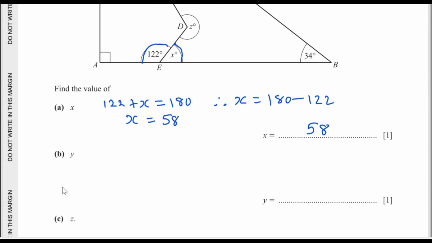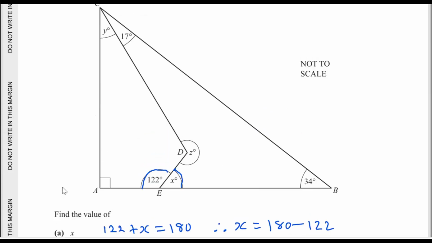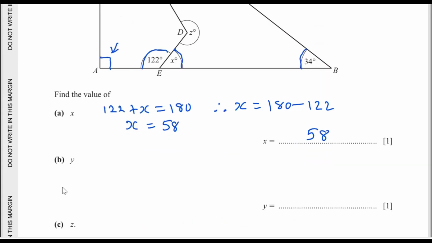And the next is we want to find the value of y. If you look at this diagram again, you will see that for us to get the value of y, if I add up everything here, plus this 90 here, plus this 34 here, is going to give me 180. So y plus 17 plus 90 plus 34 will give 180.